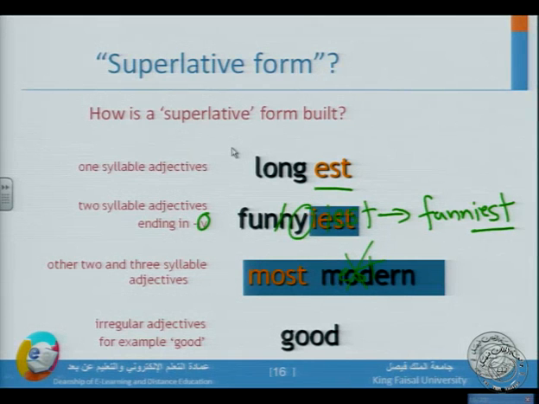وأعيد أن لكل قاعدة استثناءات، واستثناءات هذه القاعدة بعض الصفات الغير منتظمة، وأقصد الغير منتظمة مثلا good. We can't say goodest. هذا خطأ، مع أنه good تتكون من مقطع صوتي واحد مثل long، لكن هذا استثناء، والاستثناءات معدودة سأزودكم بها إن شاء الله لاحقا. لكن good, what is the superlative form of good?